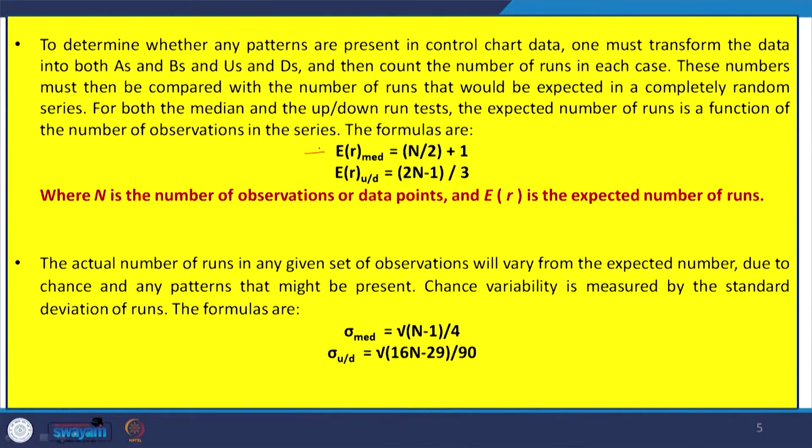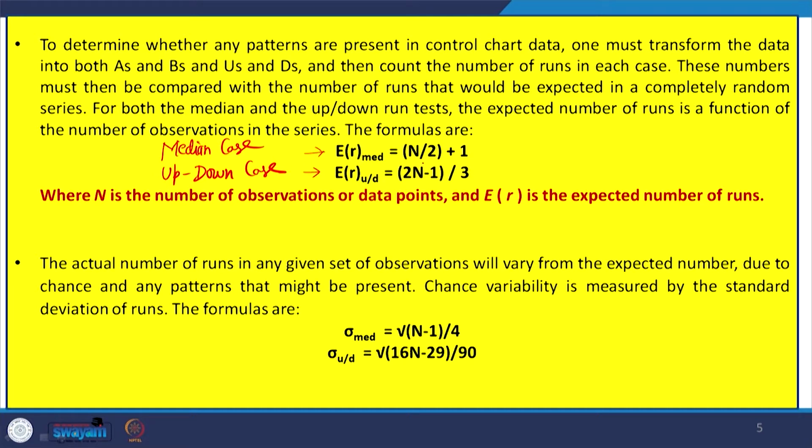So, for determining the values of expected runs, this is for the median case and this is for the up and down case. So let me write here, this is the median case, this is the up down case. ER represents the expected value of runs.